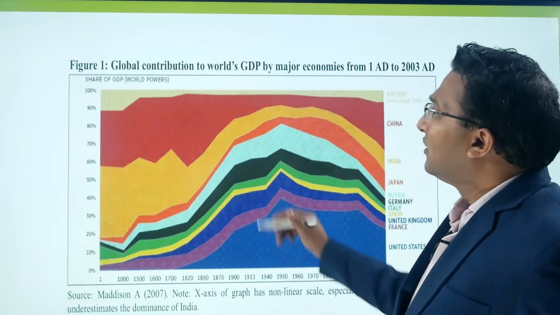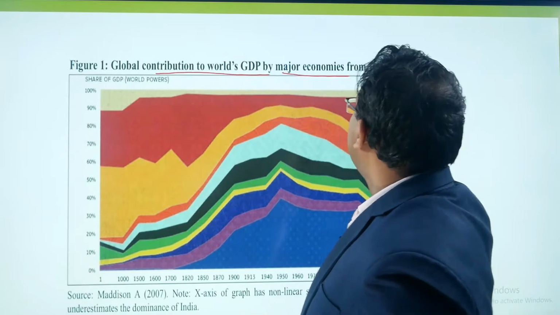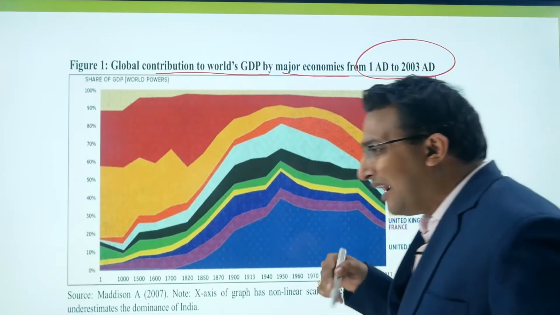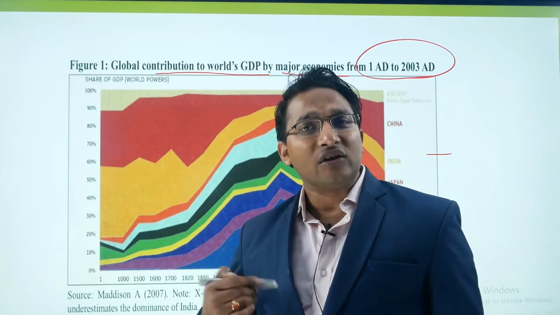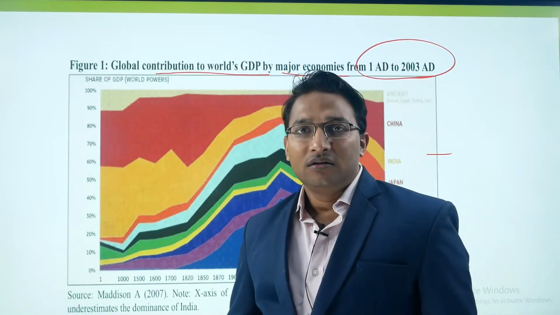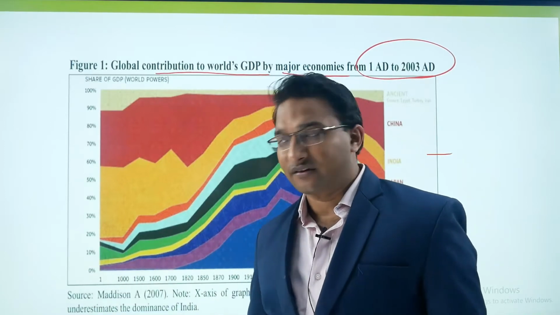So we can see the contribution to the world's GDP by major economies from 1st AD to 2003 AD. So in the last 2000 years, what has been the contribution of India, USA, China? If you know that, then you can use this fact at different places.